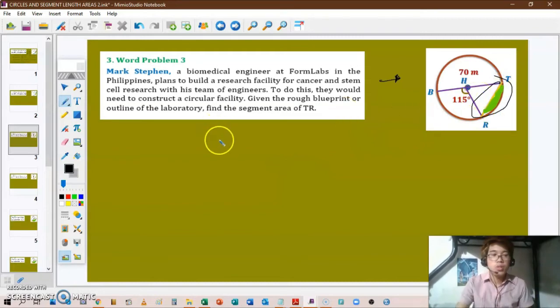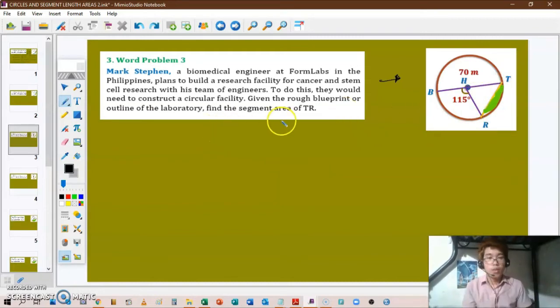So how do we solve this problem? If you notice, we have the central angle 115 degrees, and also we have this diameter. BT is a diameter. Therefore, we can get the measurement of angle THR, this angle right here, which is equal to 180 minus 115, that's going to give us 65 degrees.